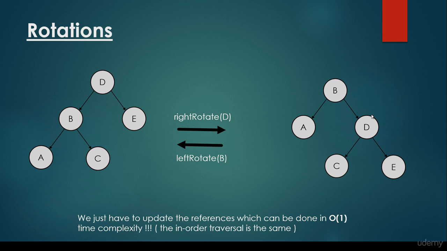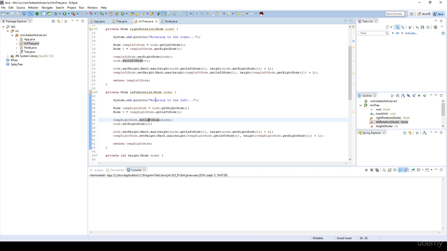So basically this D node is going to be the root node after rotation. So the B is going to be the left child of the root node after the rotation, and so on. So it is very similar, but instead of rotating to the right, we rotate to the left. So that's why the left is going to be the right basically, and vice versa.